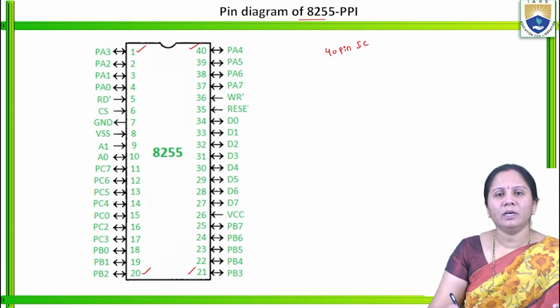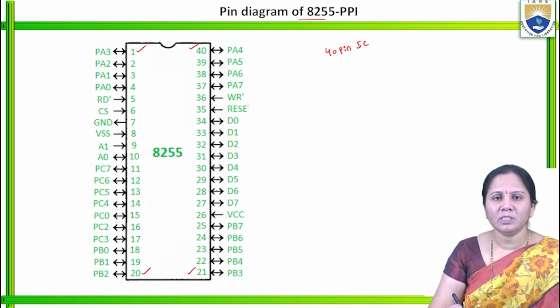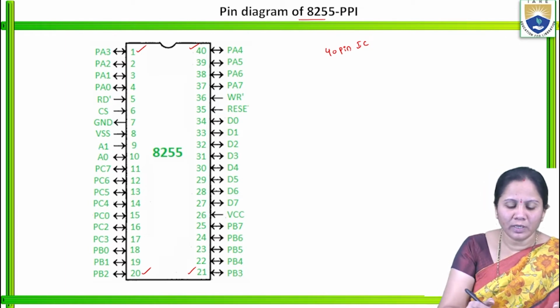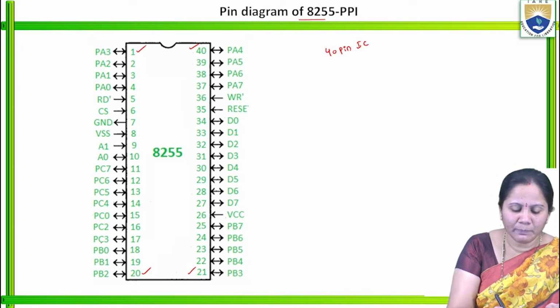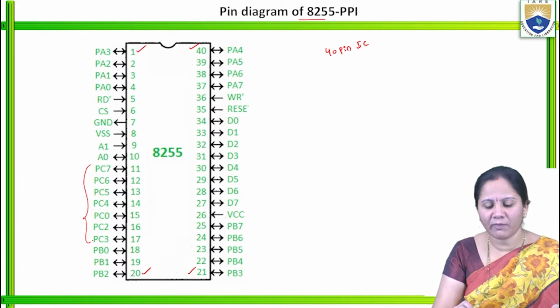It consists of 3 ports, port A, port B and port C. All these 3 ports are bidirectional ports. In the pin diagram, this is port C pins, PC3 to PC7.